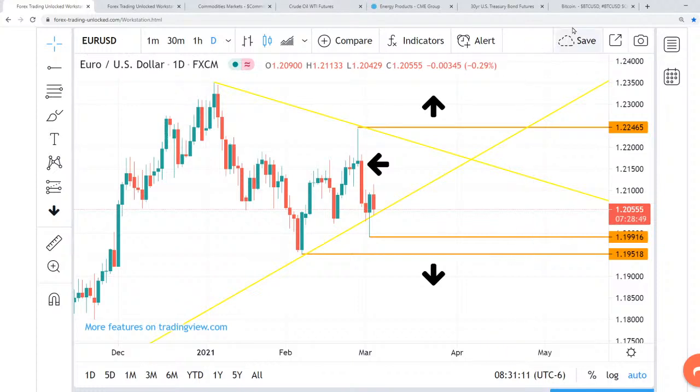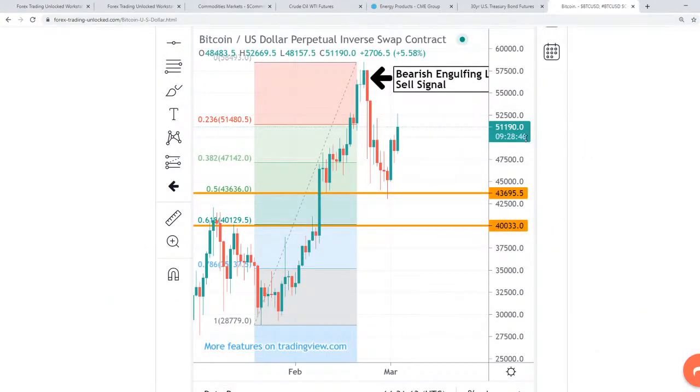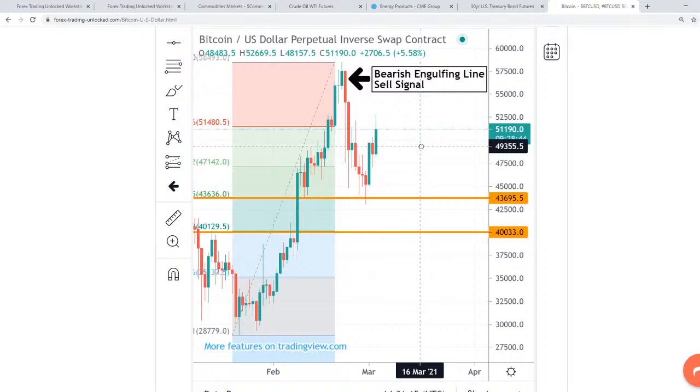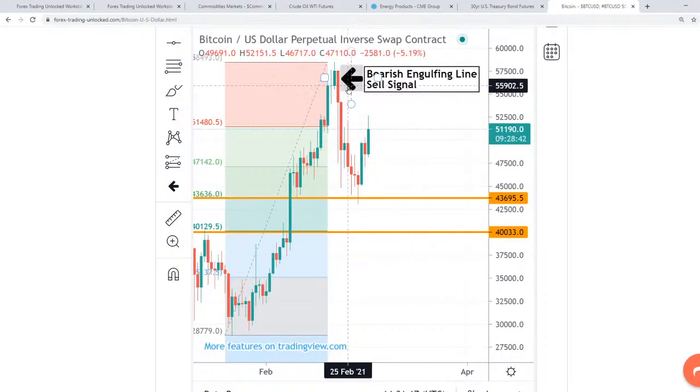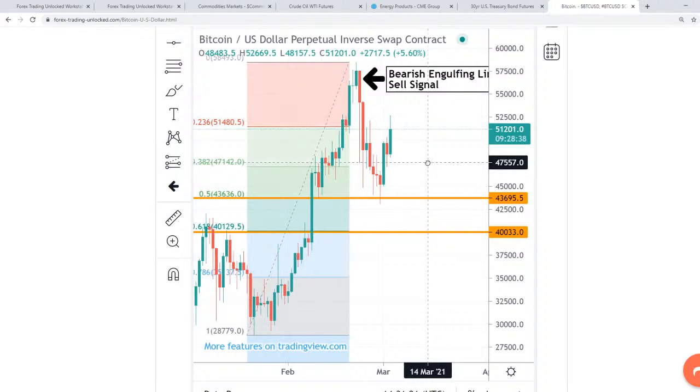So before we get off this, we want to take a look at Bitcoin, just to end this on a nice little note here. We had a bearish engulfing line sell signal a couple weeks ago that touched off this slide. Interestingly enough, the low from a few days ago came just below the 50% line, and now here we are spiking higher.